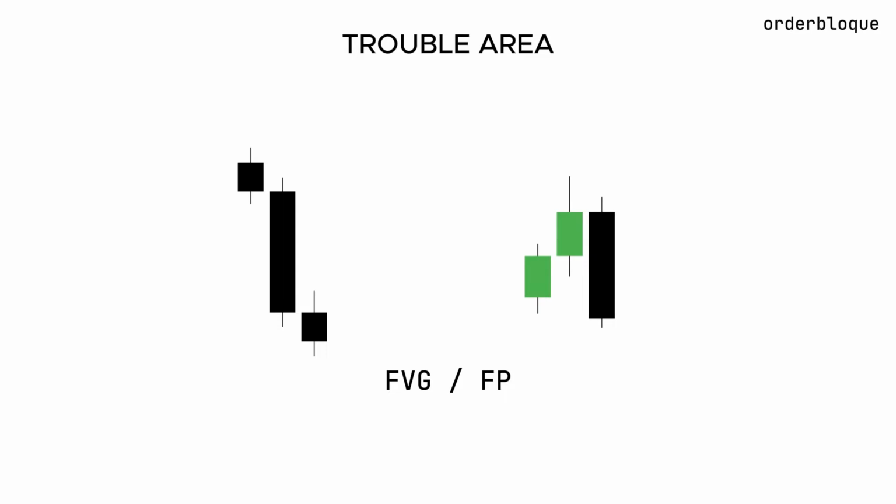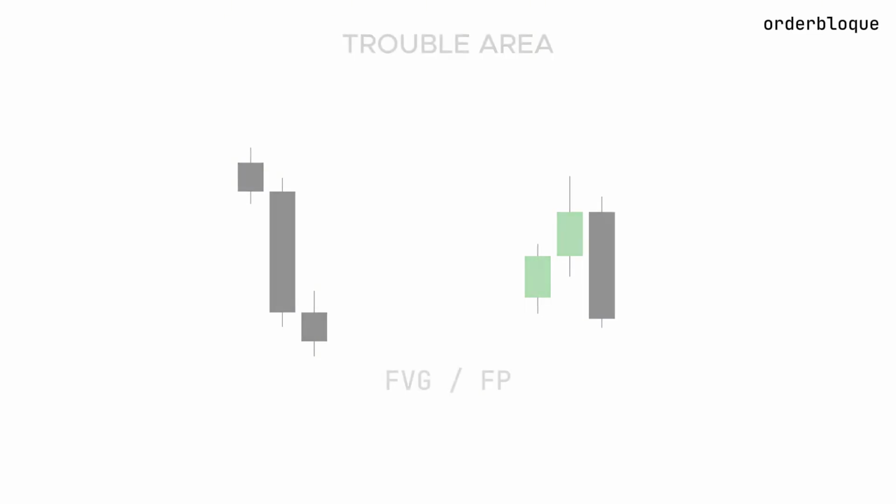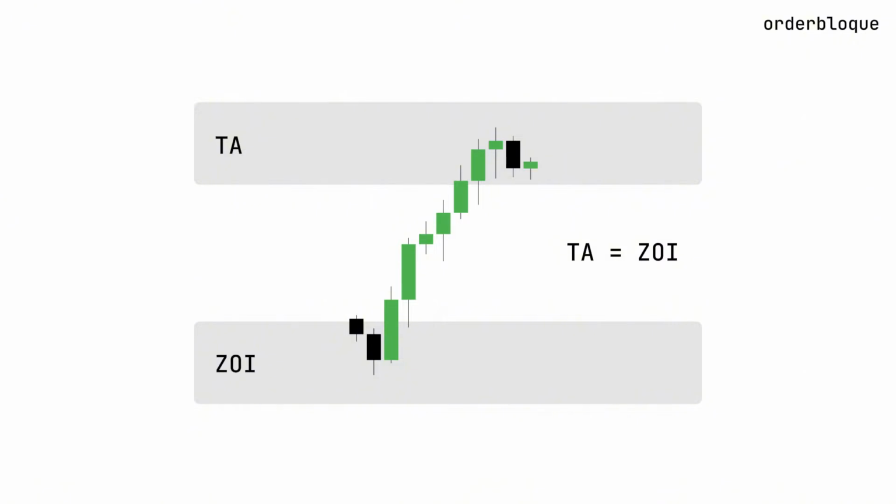They are not chosen randomly, as they possess a unique ability to provide the greatest amount of liquidity to the market compared to other variables. In essence, it's the same zone of interest, but with one significant difference. It is oriented against us or our positions. It's important to note that the trouble area is always on the same time frame as the zone of interest.